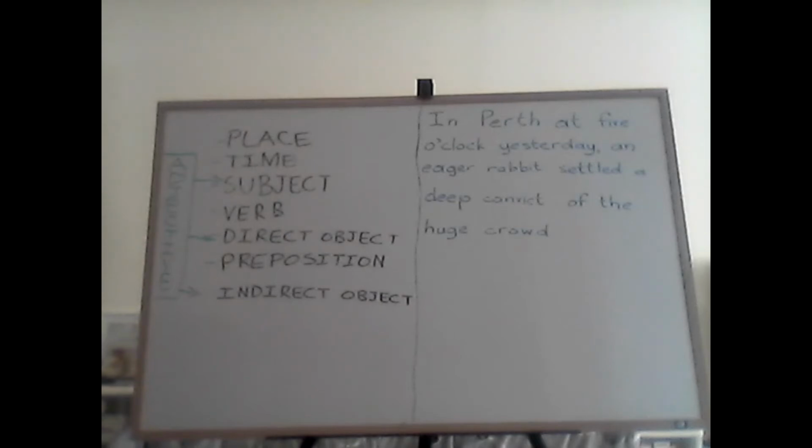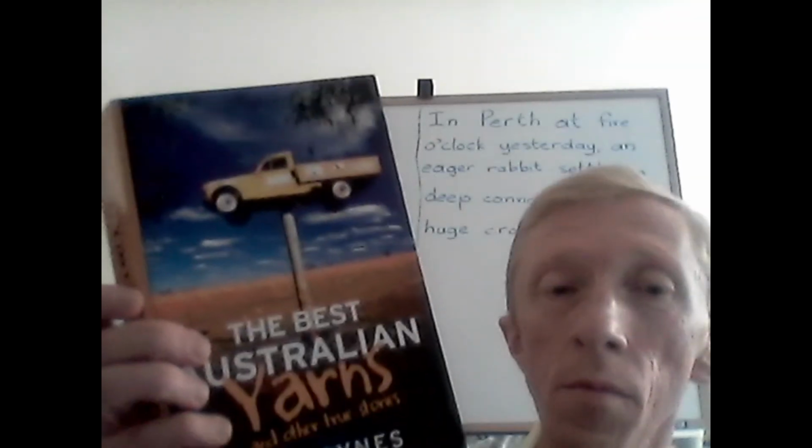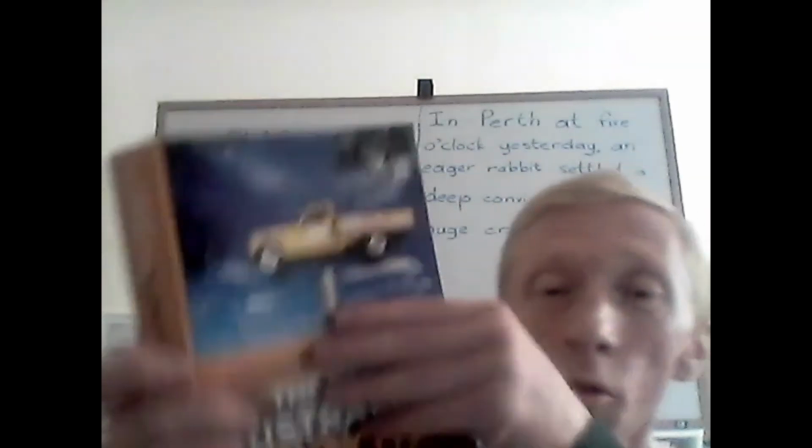indirect objects and prepositions. I could have a preposition that says where it happened, or what the rabbit used, how it happened. Should we do that? Back to our preposition book.